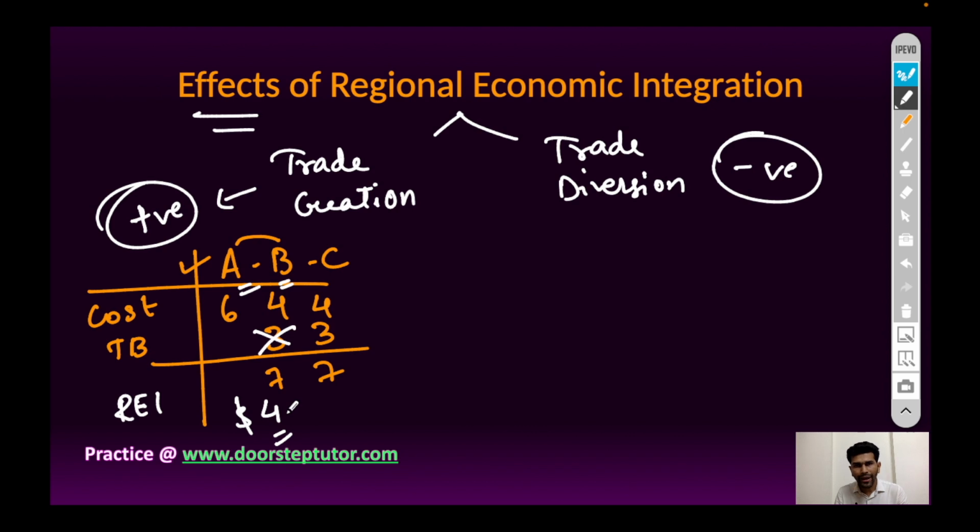And if A imports from country C, then there will be $7 cost. So it is an example of trade creation. It is a positive impact of regional economic integration wherein country A is getting a cheaper product from country B due to regional economic integration.